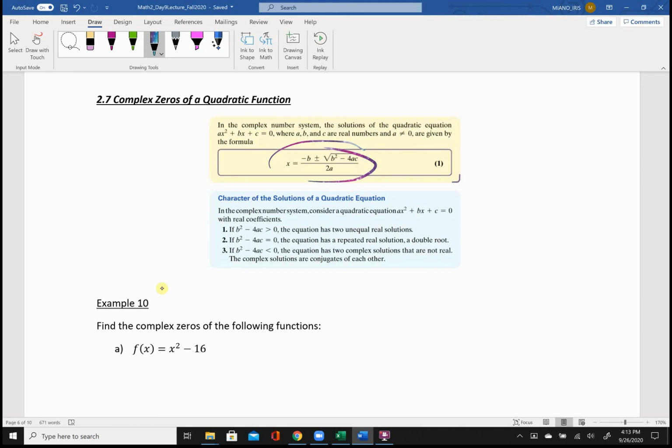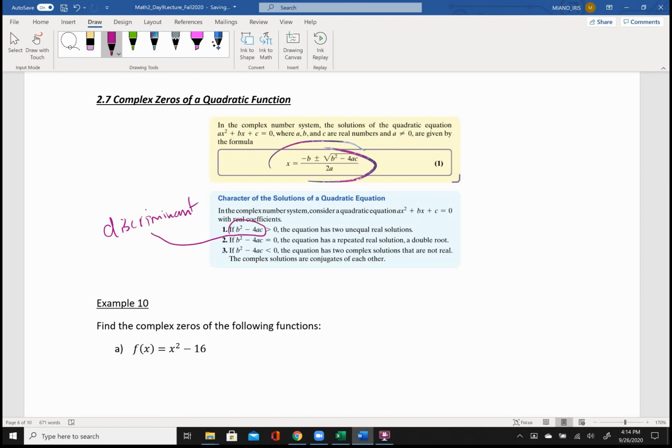If you just calculate that and determine if it's positive, negative, or equal to 0, you can know the number of real solutions that you have. So if it's positive, the discriminant, that is, and that's what it's called. Sorry, let me write that down. Discriminant. That's what this is called right here.